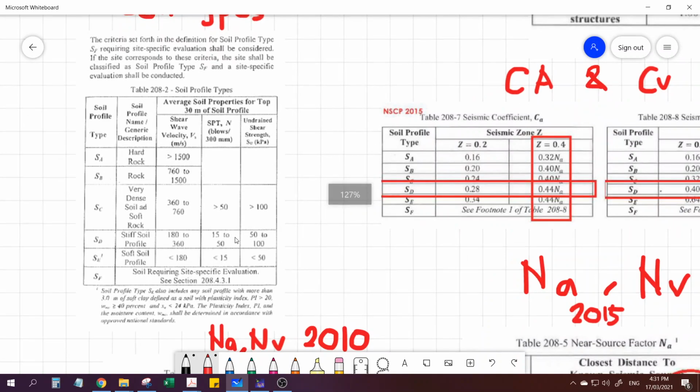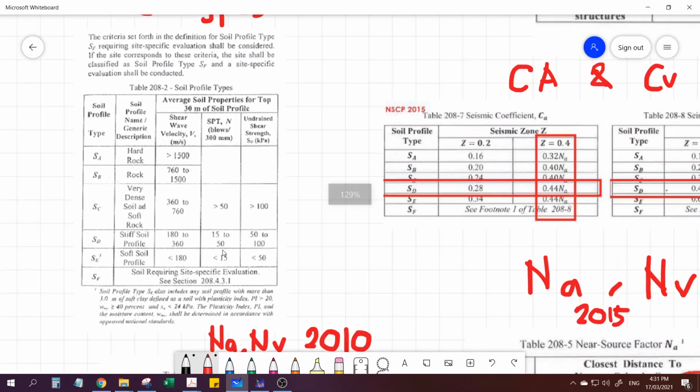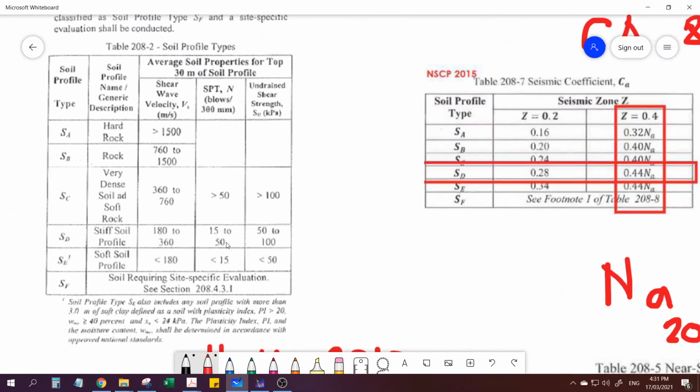If the N blows or SPT value ranges from 15 to 50 blows. So this is the depth, this is the number of blows required to penetrate 300 mm with a hammer into the soil. The range is quite large, from 15 to 50.